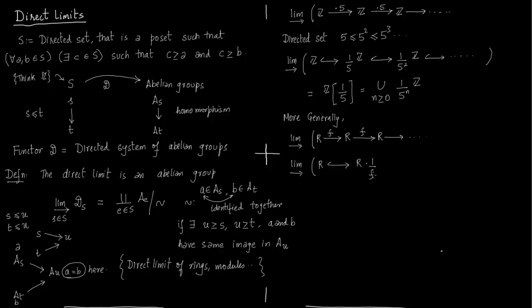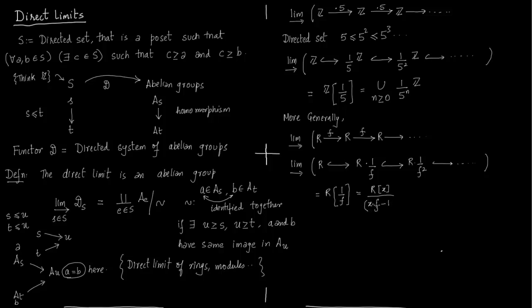That means R[1/F] consists of a copy of R and then rationals with R as the numerator and F as the denominator. R[1/F square] has a copy of R, it has a copy of R[1/F], and it has additionally a copy of R[1/F square]. So R[1/F square] has R, then rationals with R numerator and F denominator, then R numerator and F square denominator.